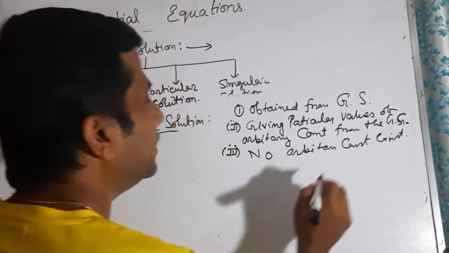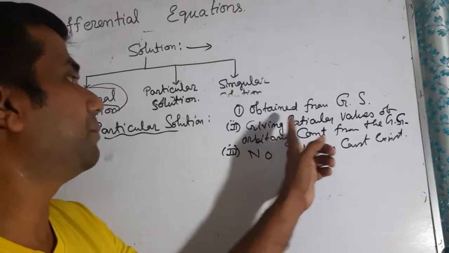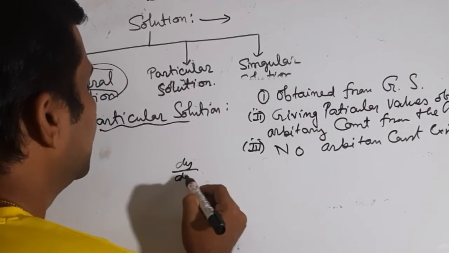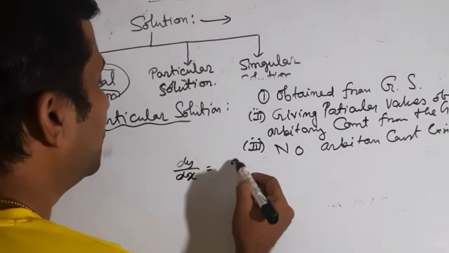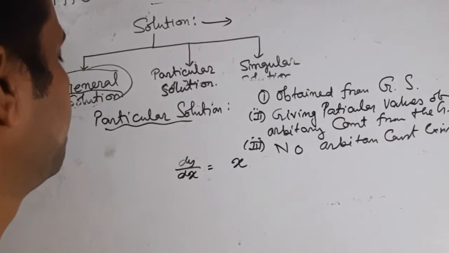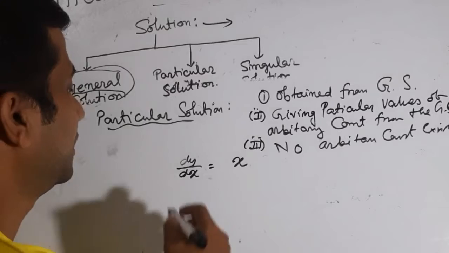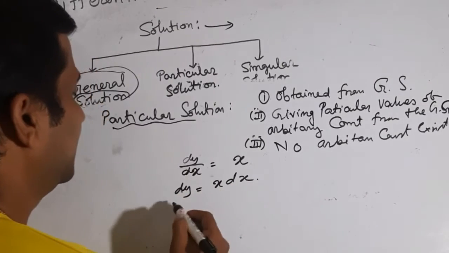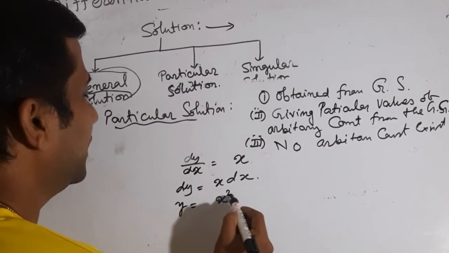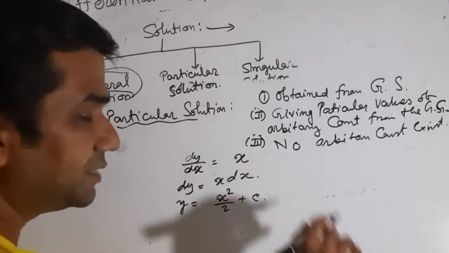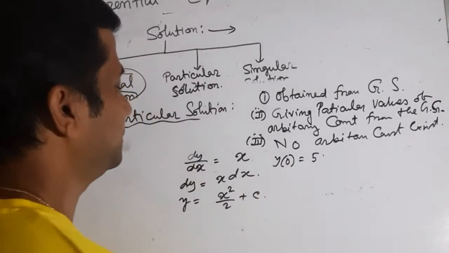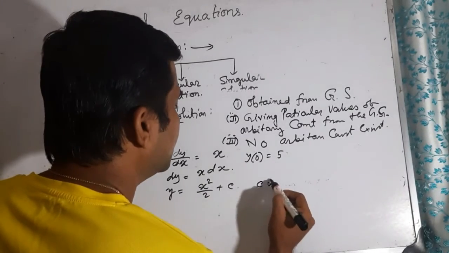Why? Because we give particular values to the arbitrary constants. Take dy/dx is equal to x, this is a differential equation. Then dy is equal to x dx, then y is equal to x square by 2 plus c, where c is an arbitrary constant. It is given that y(0) is equal to 5.